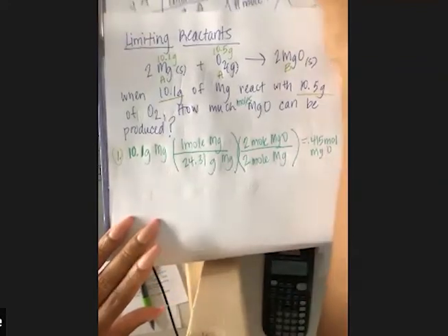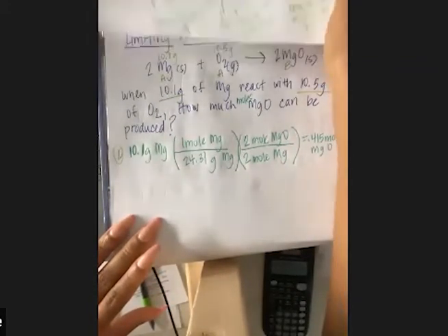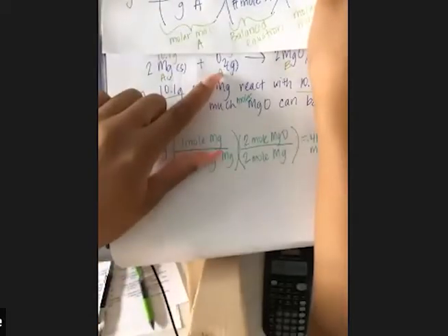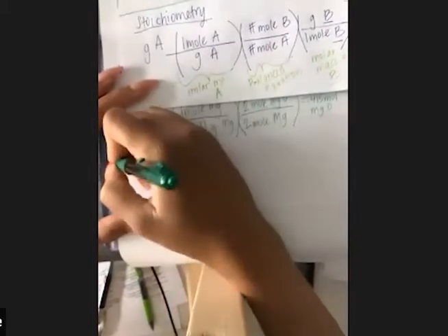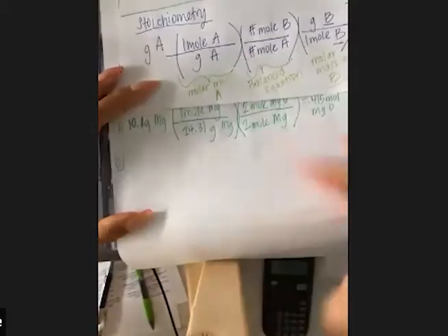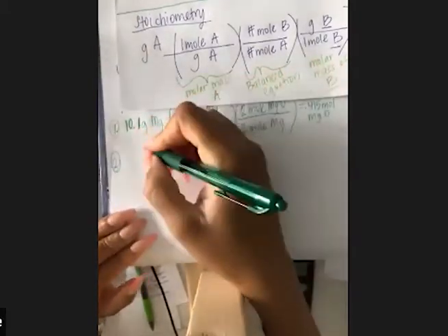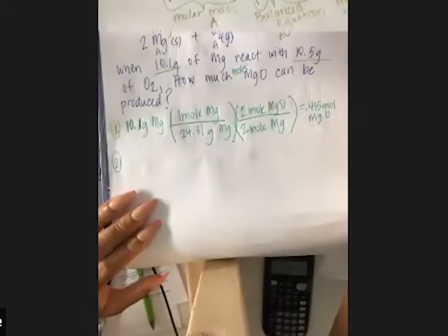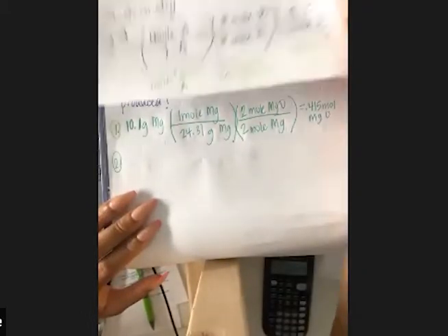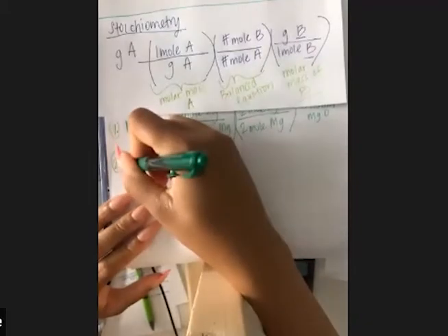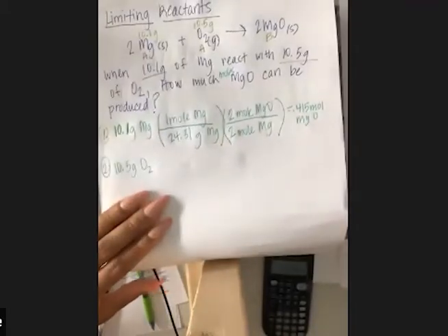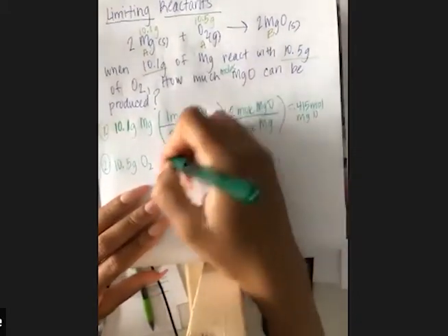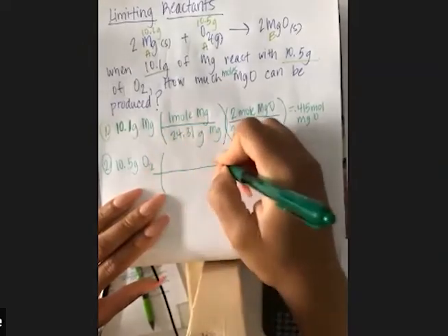Now I have to do a similar calculation, but instead of starting off with magnesium, I'm going to start off with my other reactant, which is oxygen, and try to figure out, is it going to give me less magnesium oxide? So in this case, I had 10.5 grams of oxygen. I'm going to do the same thing, except I'm going to use the molar mass of oxygen.